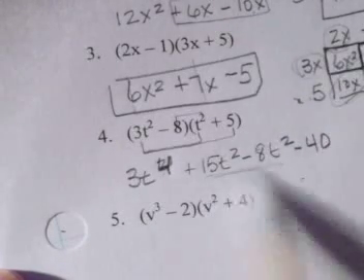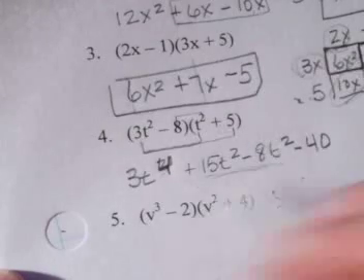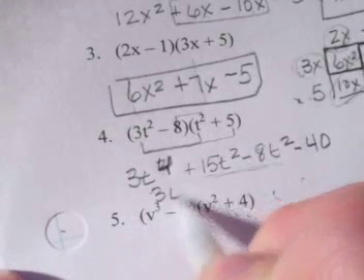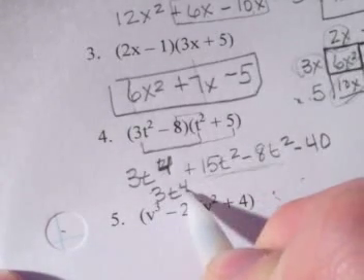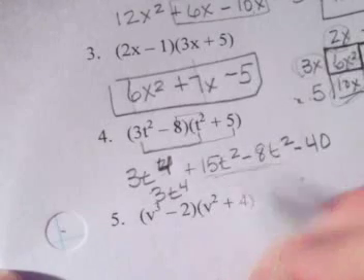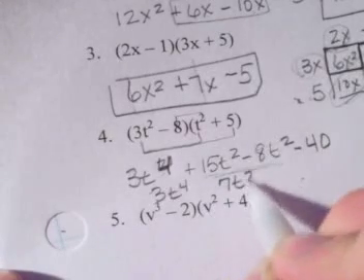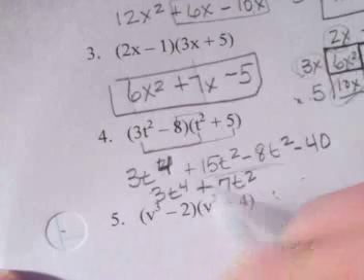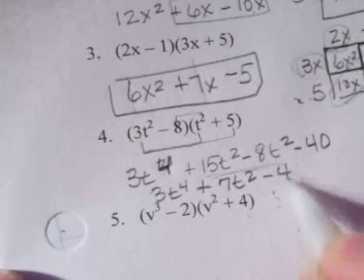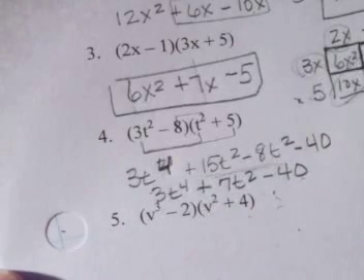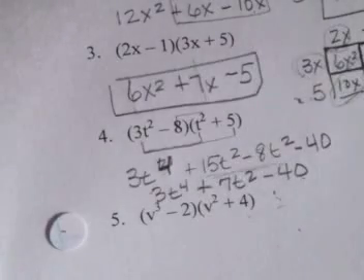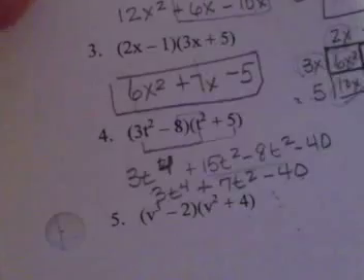And again, my middle two terms are like terms, so let's add those to get 3t to the 4th. 15 minus 8 is 7. And that's going to be a positive 7t squared minus 40. So there I have multiplied two binomials. I'm going to leave you to try number 5, and I'm going to hop down to number 6 real quick.